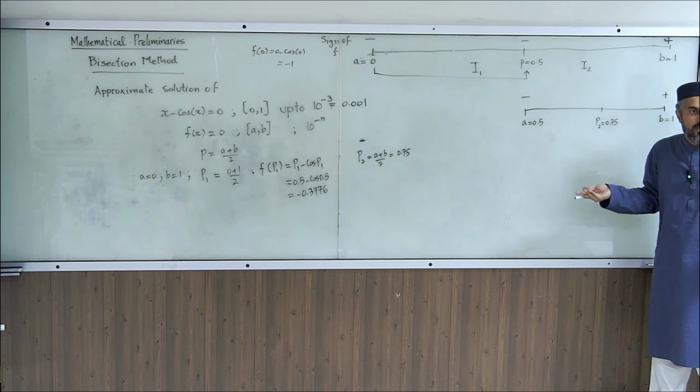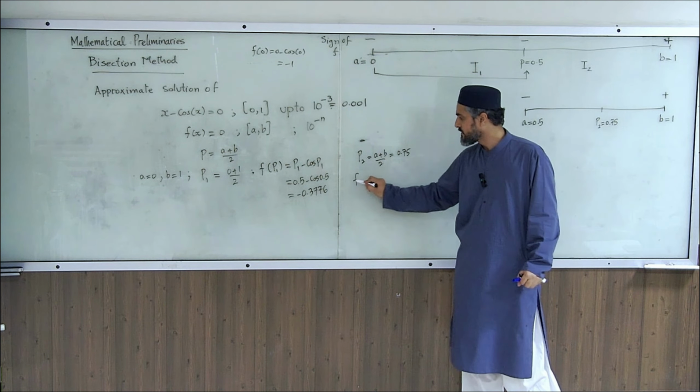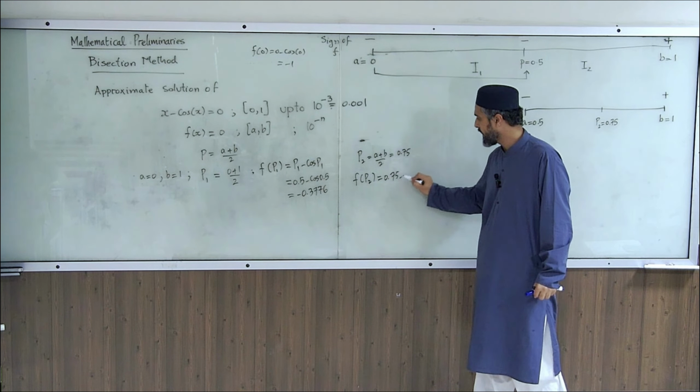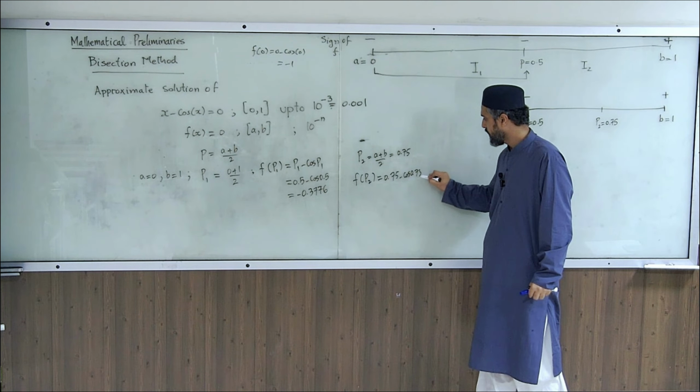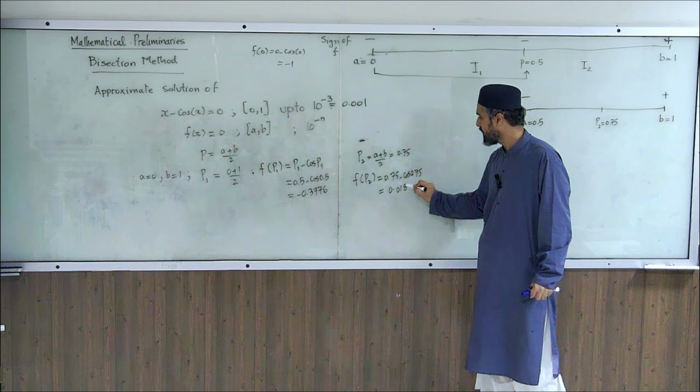Now I need to check, is it a solution or not? How can I check that? I need to plug this into the function. So this is 0.75 minus cos 0.75, and the value will come out as 0.0183.